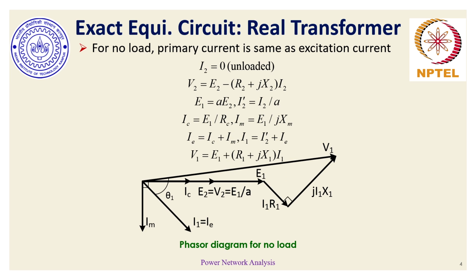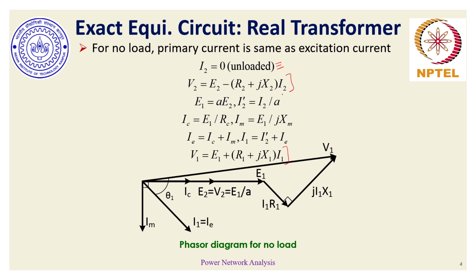We had also looked at the phasor diagram of this practical two-winding single-phase transformer for the case when the secondary of the transformer is unloaded. The relevant equations, the ones highlighted here, are as per the KVL applied on the secondary and primary of the transformer.